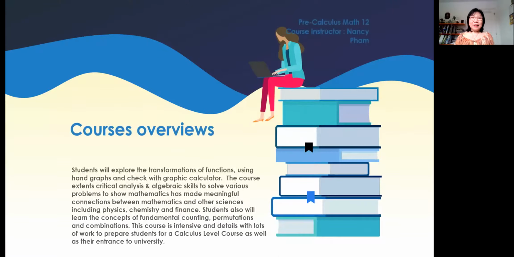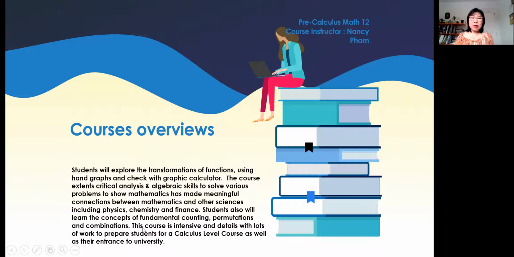So the next slide, this is my course overview. Students will explore the transformations of functions using hand graphs and also a graphing calculator. The course extends critical analysis and algebraic skills to solve various problems, to show that mathematics has meaningful connections to other sciences, including physics, chemistry, and finance.